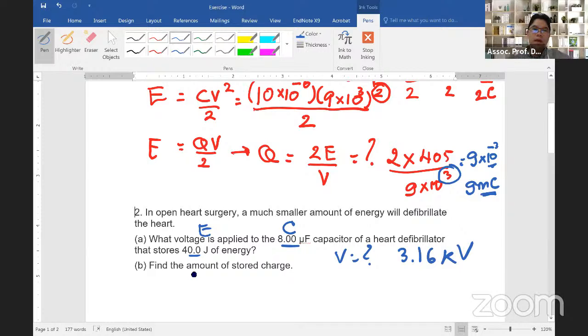Now find the amount of stored charge, Q. So you can get 2E divided by V, right?